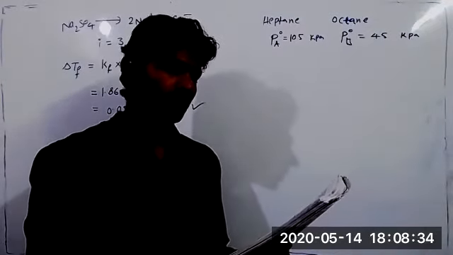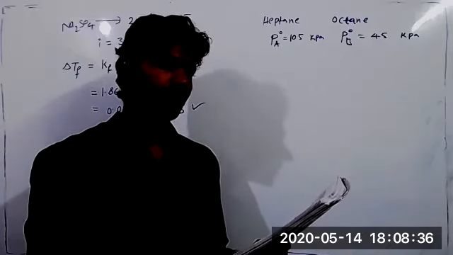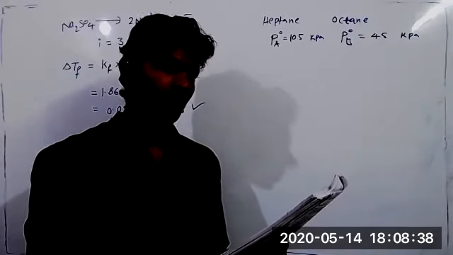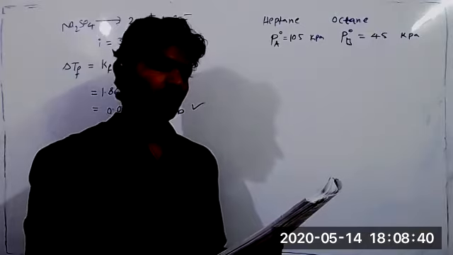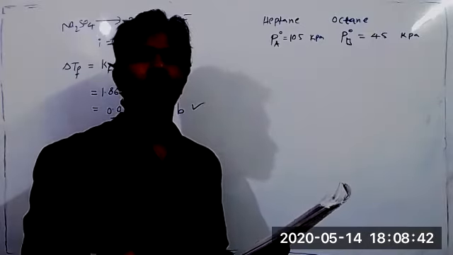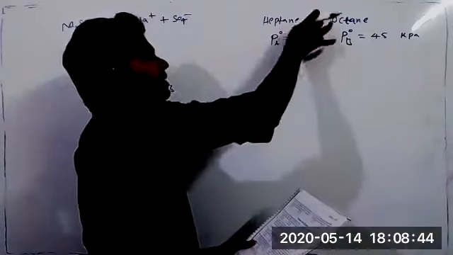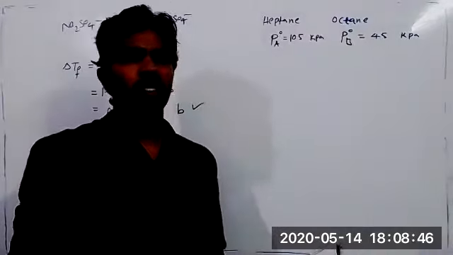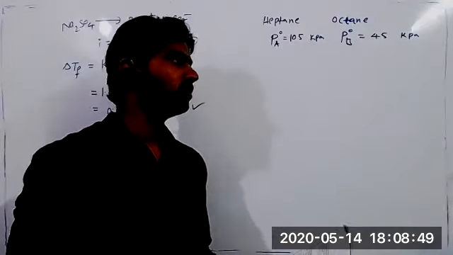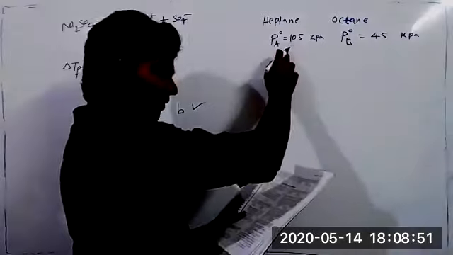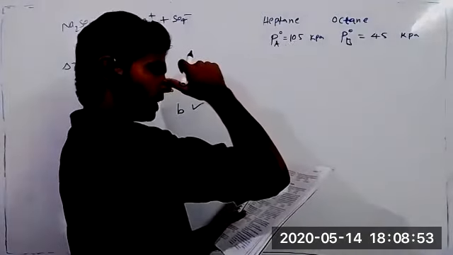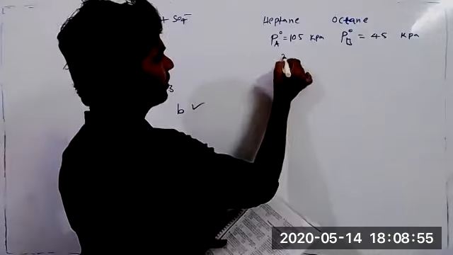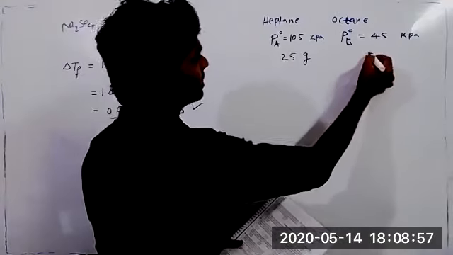The vapor pressure of the solution obtained by mixing 25 grams of heptane and 35 grams of octane will be? So we have to calculate the total pressure. When we mix both solvents, what is the total vapor pressure of the solution? Further information is given: 25 grams heptane, 35 grams octane.